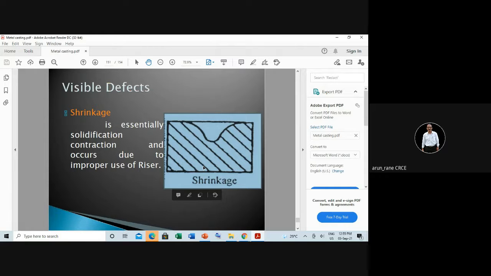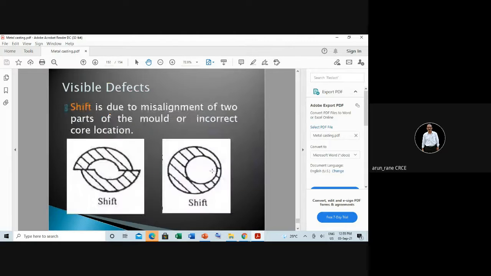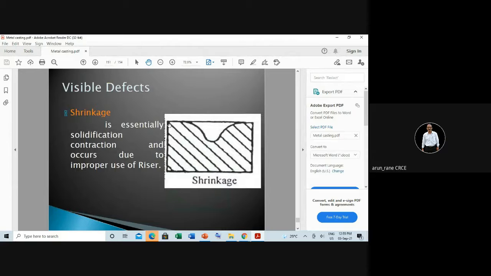The material from the riser has not reached properly in the cavity, so it shrinks. Shrinkage will always be there, but it has to be in all directions. It should shrink from all the peripheries, not only at one place.